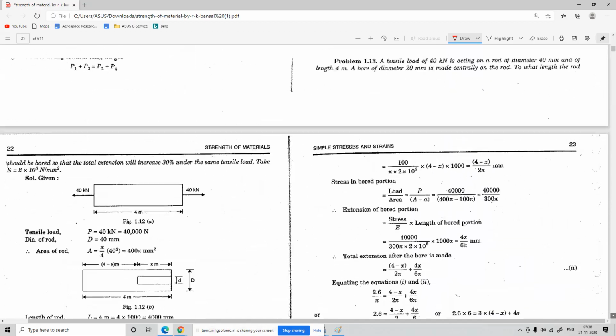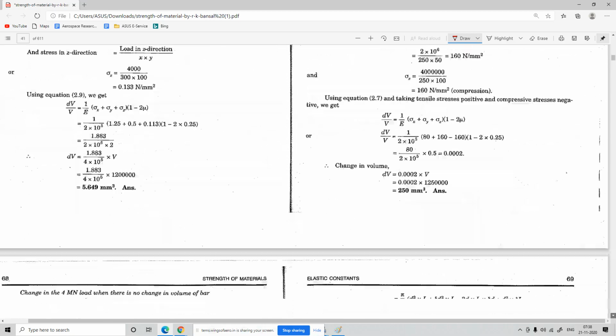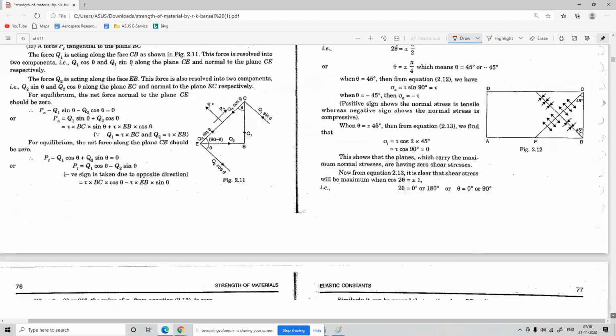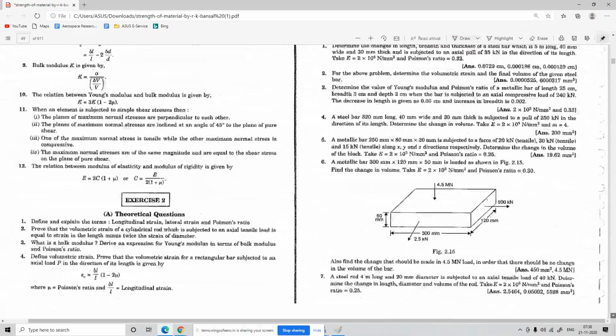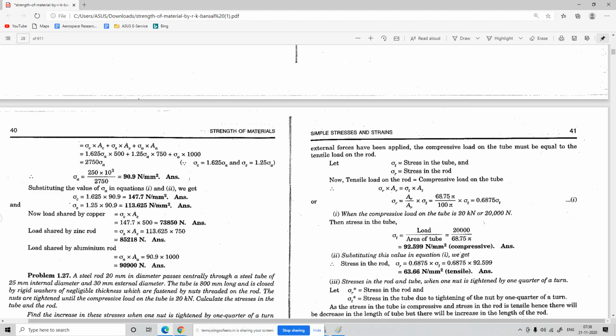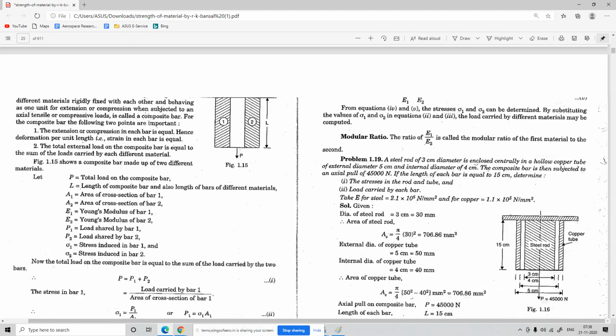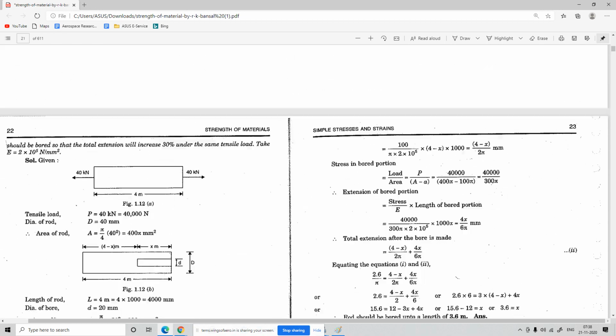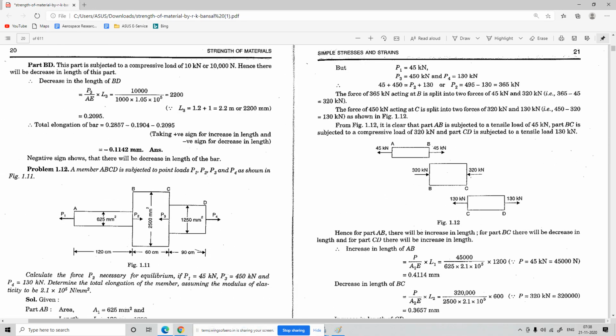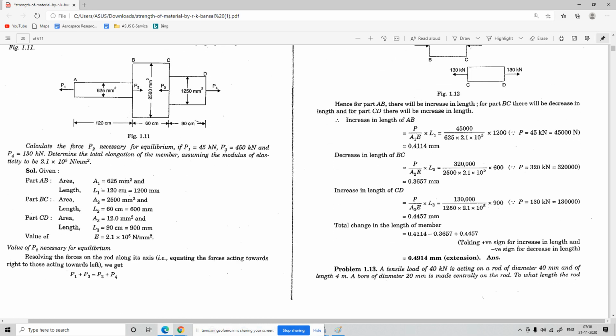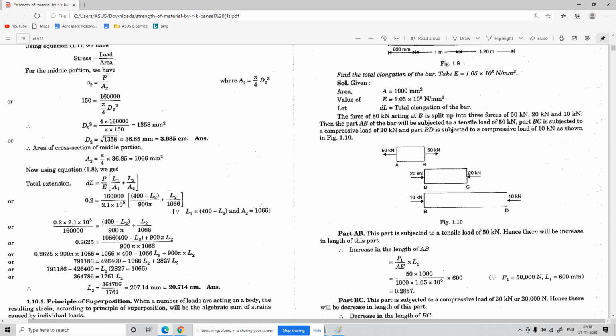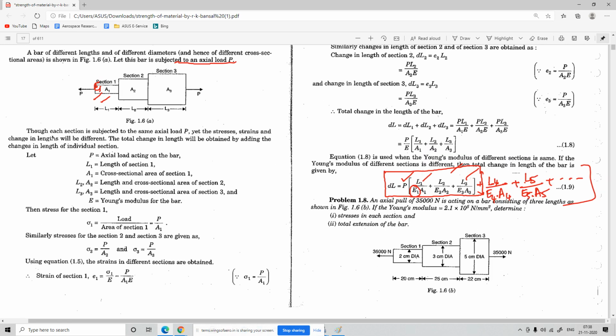Okay, let's look into one of the problems. Let's solve this problem. First problem: an axial pull of 35000 Newton is acting on a bar consisting of 3 lengths as shown in the figure.